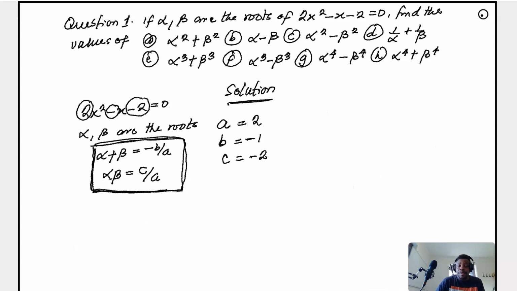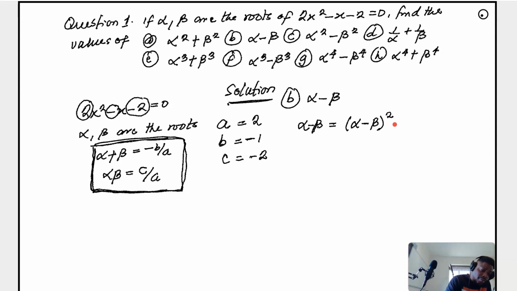Now let's take question B. For B, we are looking for alpha minus beta. Okay, I'm going to give you another formula that you need to remember. This will be alpha minus beta squared, this is plus, then minus 4 alpha beta, all square root.